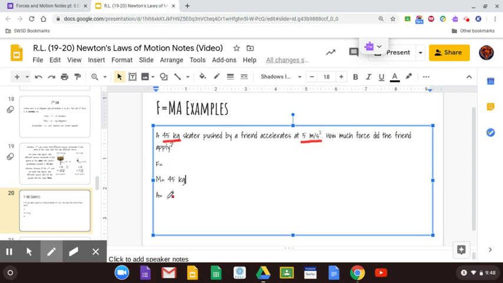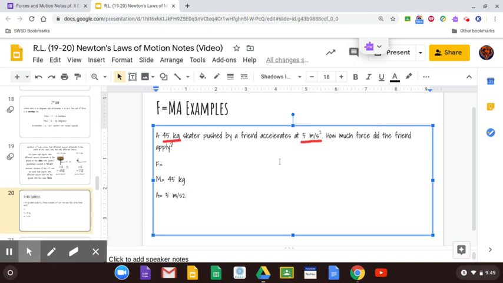So it has to be acceleration. So I'm going to write 5 meters per second squared. And again, you don't need to put the 2 little tiny up top. It's fine as it is.